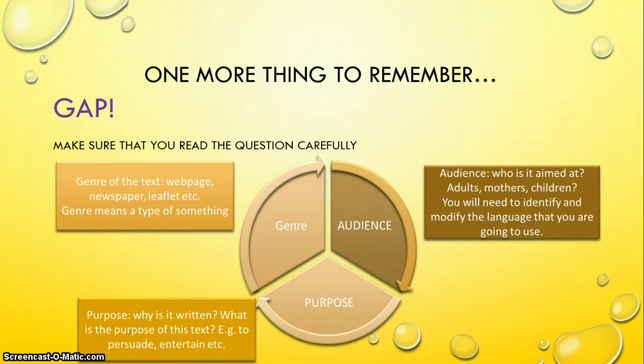And of course, the last is, what is the purpose? Why is it written? For example, it might be to persuade, or it might be to argue. In this case, you're going to have two, to argue or persuade. So you need to make sure that you either highlight or write it down somewhere so you don't forget what exactly you're going to do. So that's GAP. Try to remember this acronym as well.